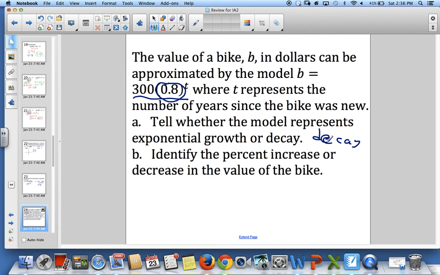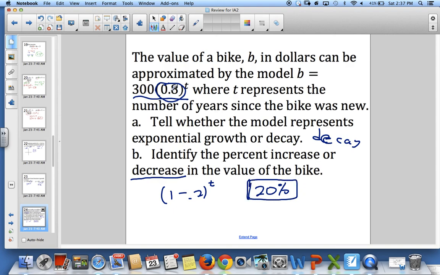The next thing says identify the percent increase or decrease. We know it's a decrease because it's a decay. But how much, what percent would that be? To come up with this number, I had to do 1 minus 0.2 to the t power. So 0.2 is the decay. As a percent, that's 20%. So it's 20% decay.